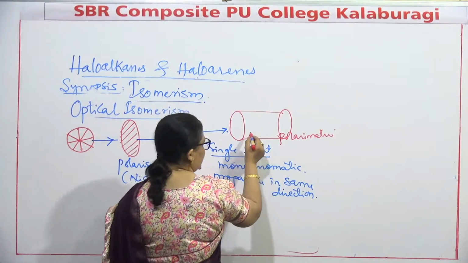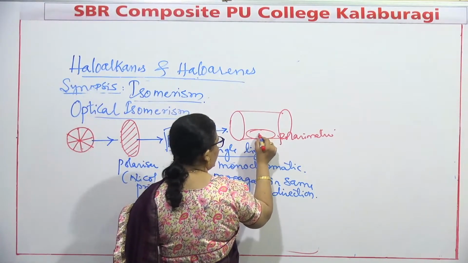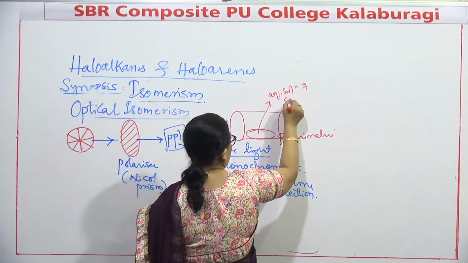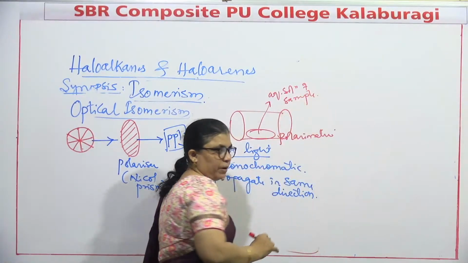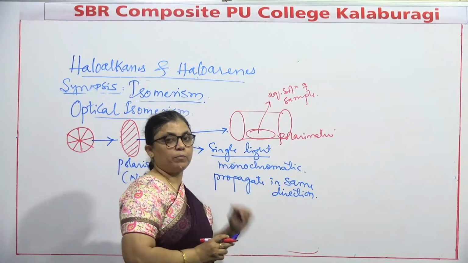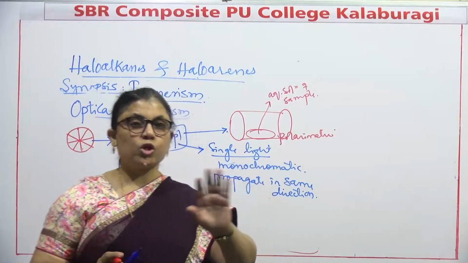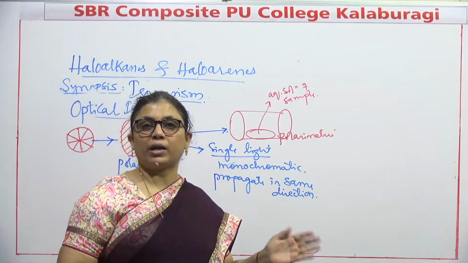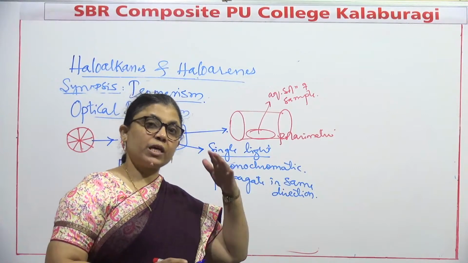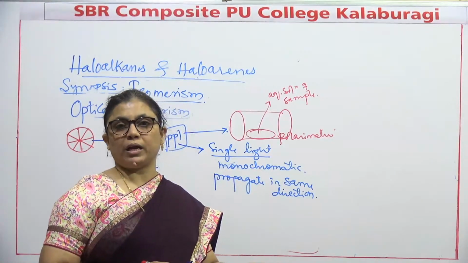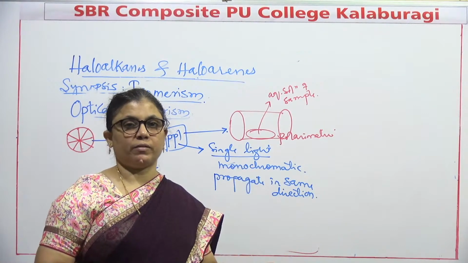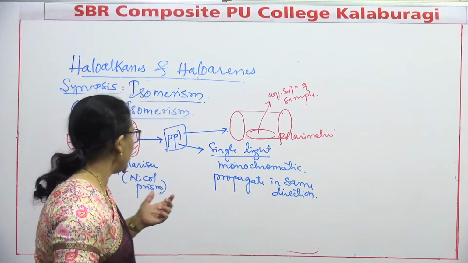In this polarimeter, we take an aqueous solution of the sample. Remember, not all solutions can rotate plane polarized light. The substances in aqueous medium which are capable of rotating plane polarized light are called optically active substances. Listen to the sentence properly.